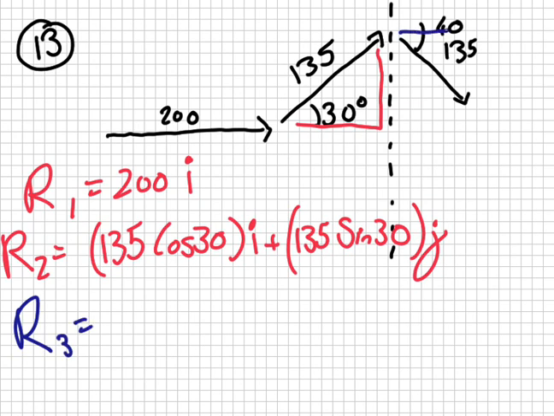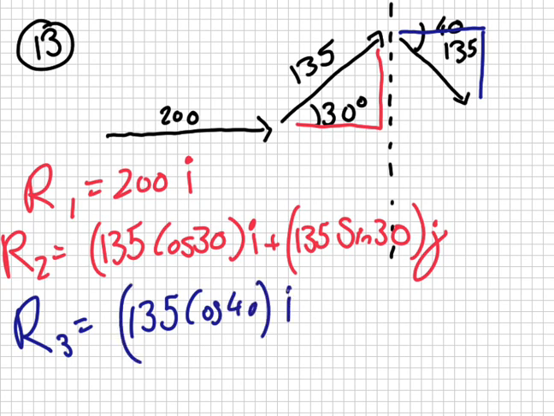it's this piece, and I think we were talking about this last class. You would have to put the minus in because it's in a different quadrant. So it would be 135 cos 40 i minus, because it's pointing down, 135 sine 40 j.